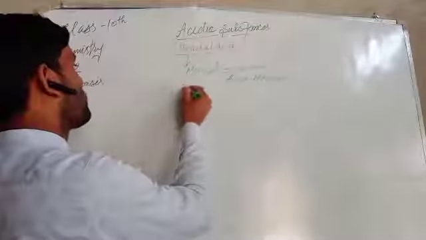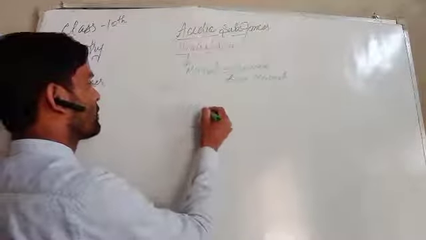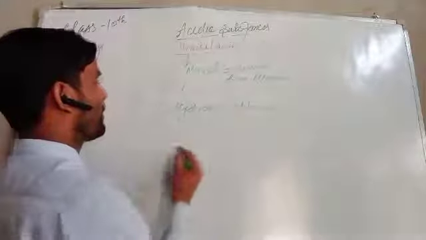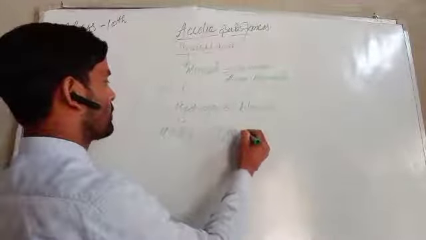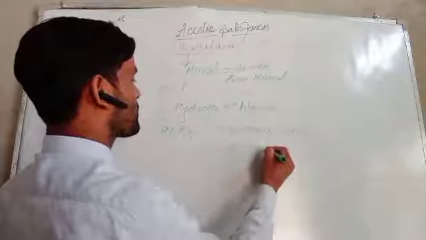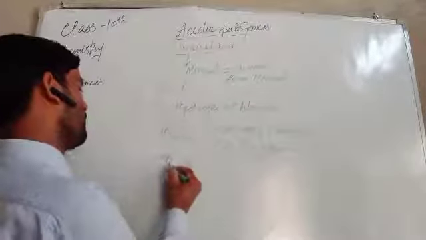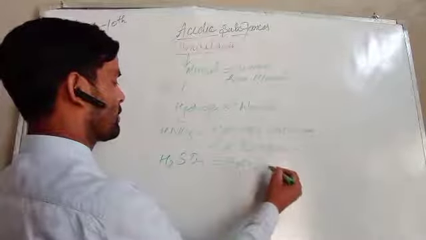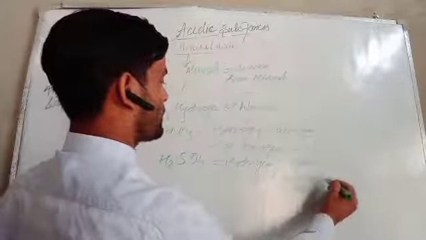As we know, hydrochloric acid, HCl, in which the hydrogen and chlorine are the minerals. HNO3, in which hydrogen, nitrogen and oxygen are there. So this is in the form of minerals. H2SO4, in which hydrogen, sulfur and oxygen are observed.